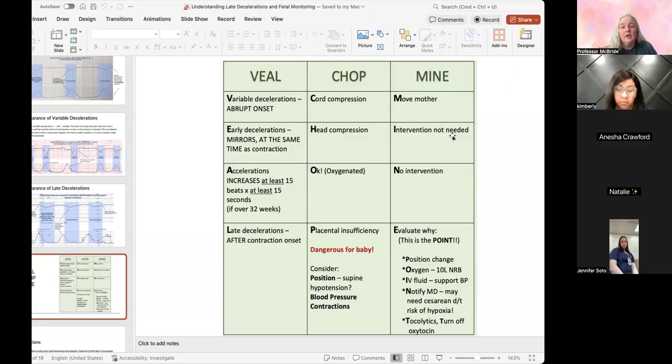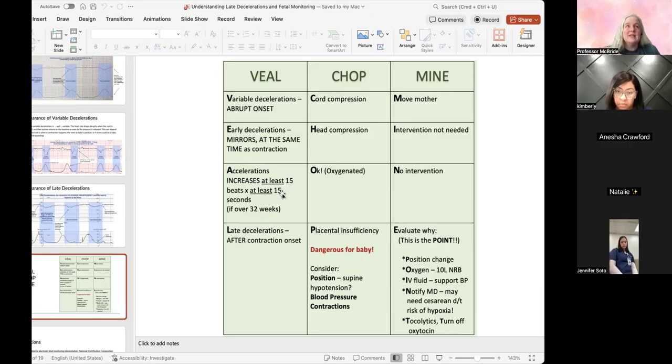So intervention's not needed. Accelerations, we looked at that. Those are those increases that are at least 15 beats and last at least 15 seconds. And in parentheses, I put in here that it's if they're over 32 weeks, because if the baby's less than 32 weeks, then in order to meet criteria for an acceleration, it only needs to be 10 beats by 10 beats.